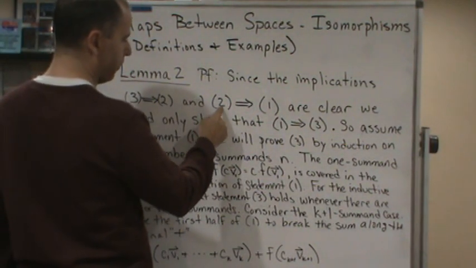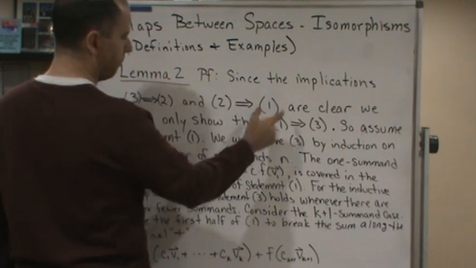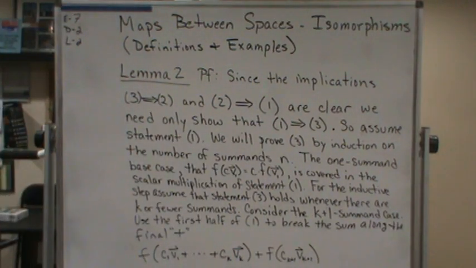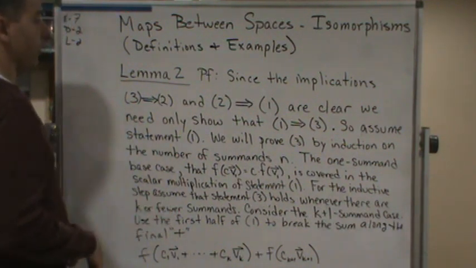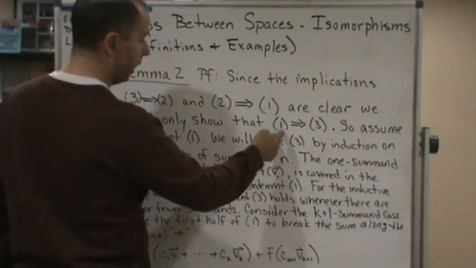And the implication from this to this: if you could do it for 2, then that implies statement 1, the two operations, that it preserves structure, holds. So we only need to show that 1 implies 3.